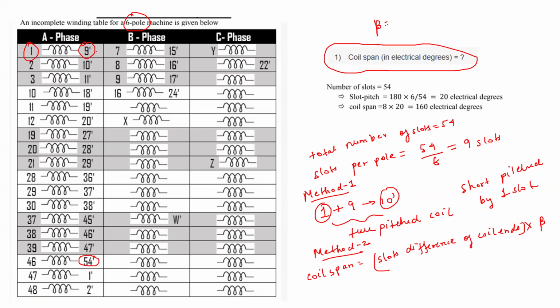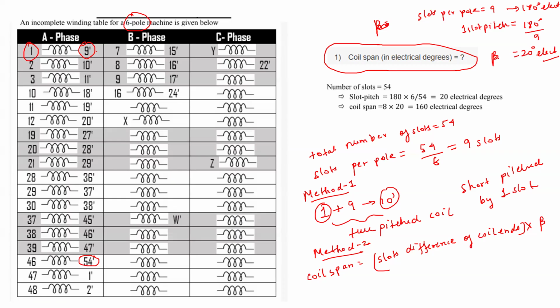We know that slots per pole are 9, and one pole corresponds to 180 degree electrical. So one slot pitch will be equal to 180 degree by 9, which is 20 degree electrical. So beta is 20 degree electrical.